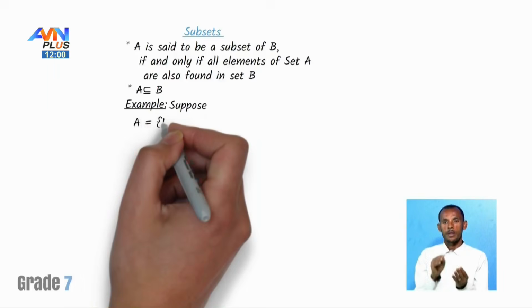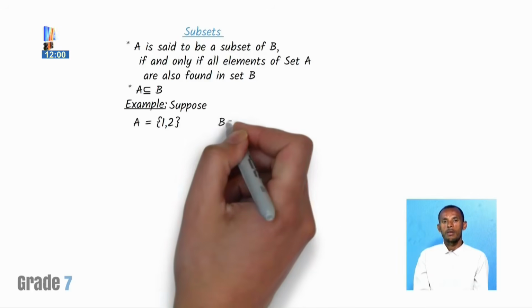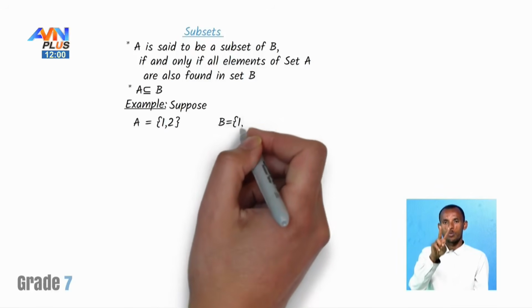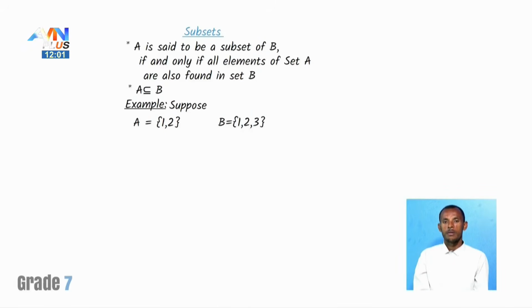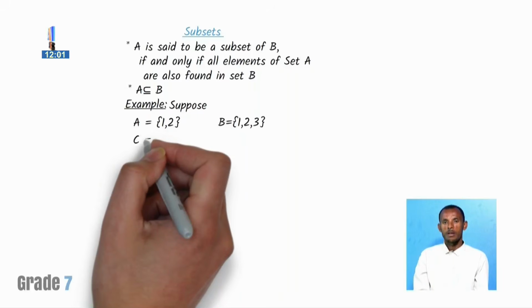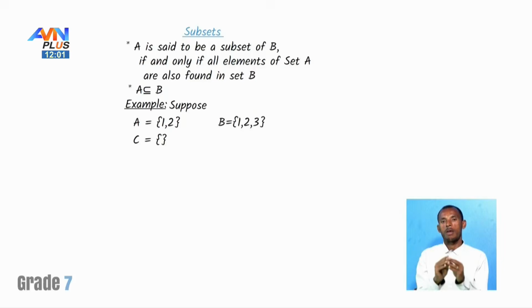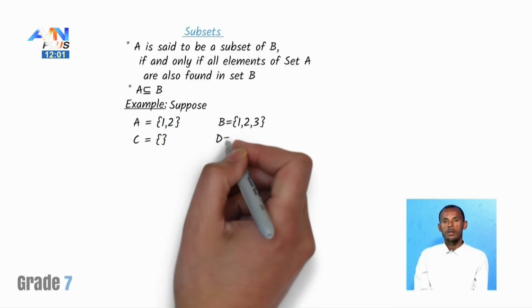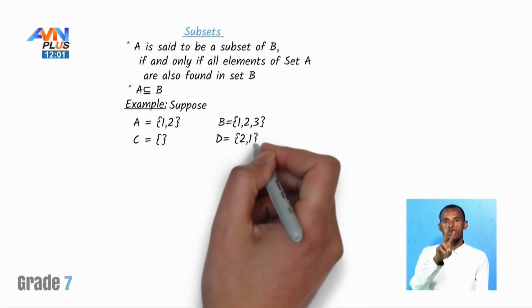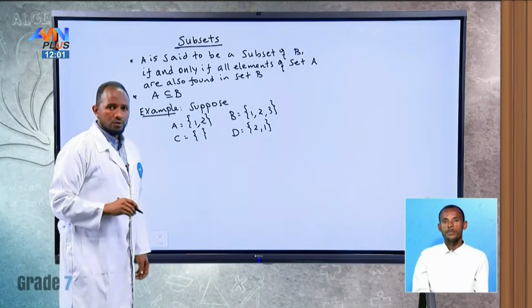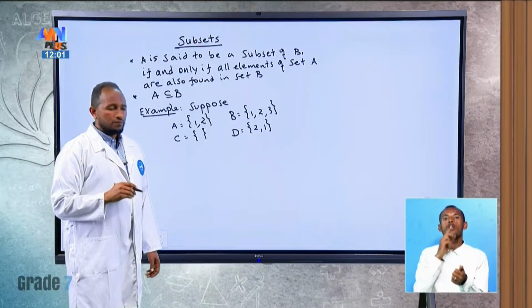Set B contains the elements 1, 2, and 3. Set C contains no element, it's empty. And set D contains the elements 2, 1. So identify whether the following are true or false.